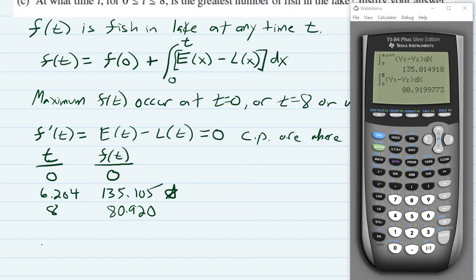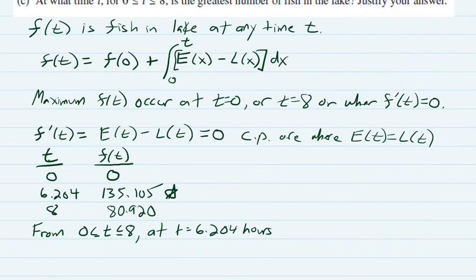I will make that explanation here with words. I'm going to say from 0 to 8 inclusive at t equals 6.204 hours after midnight.